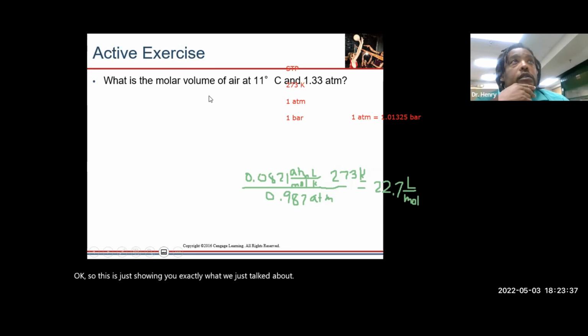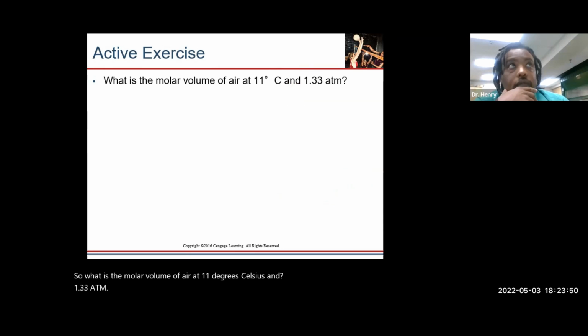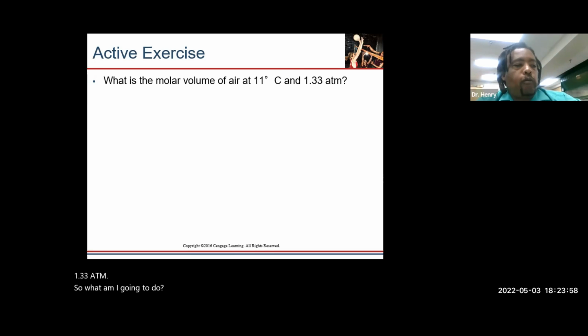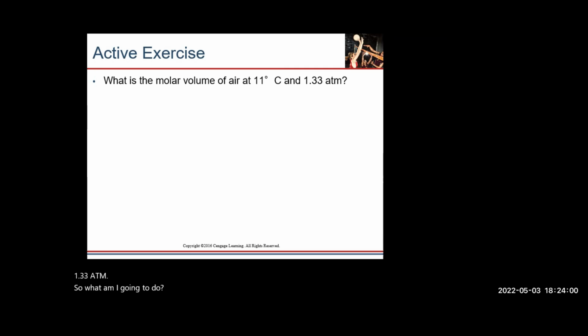Okay, so what is the molar volume of air at 11 degrees Celsius and 1.33 atm? So what am I going to do? Convert the temperature Celsius to Kelvin.